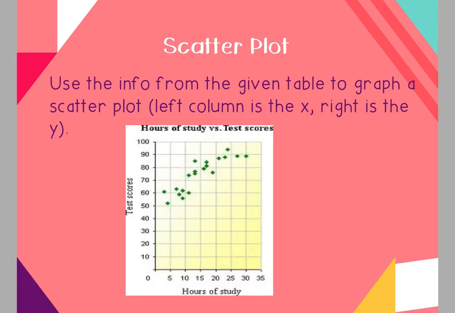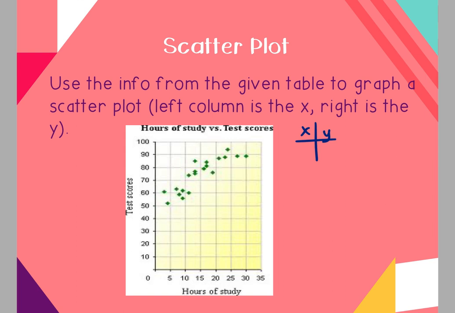All right, scatter plots are a way of plotting data on an XY axis. So they use information from a given table to graph these little dots that usually form some sort of pattern. They don't always, but they usually form some sort of pattern. If you're looking at an XY chart vertically, the X is going to be on the left, the y is on the right.